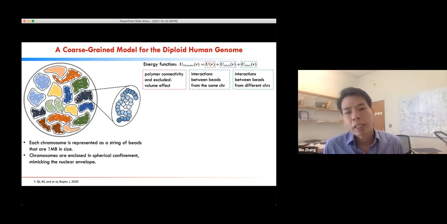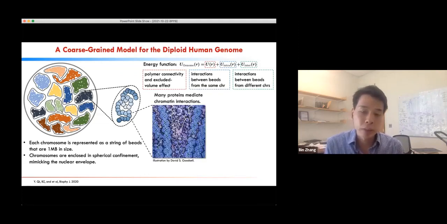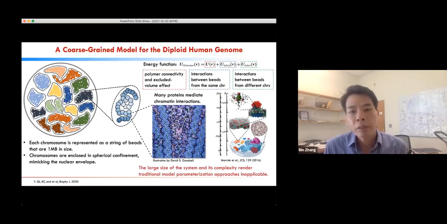However, we cannot just directly borrow existing techniques to parameterize the genome model. The reason is that, as I mentioned, each one of our beads contains many atoms, and the sheer size and complexity of the chemical composition of each bead renders the so-called traditional bottom-up approach inapplicable.